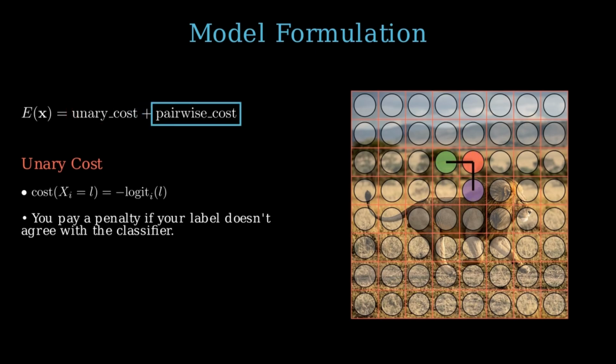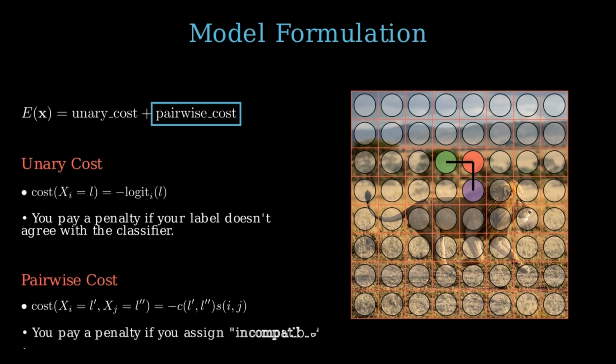Generating an image by only looking at individual pixels is exactly what led to the noisy, jagged results we saw earlier. Pixels must relate to their neighbors. This is where the pairwise cost comes into play. The pairwise cost evaluates the relationship between two connected variables, like x sub i and x sub j.